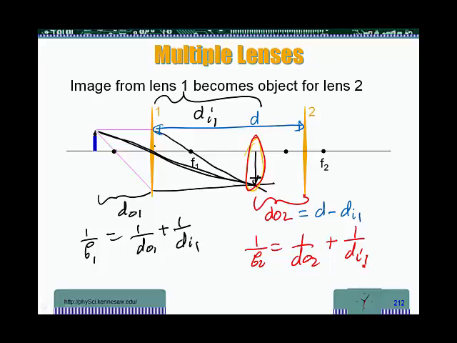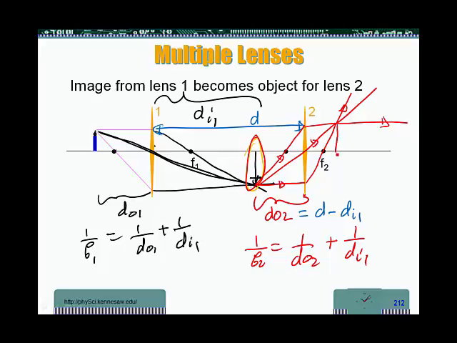Of course, here I can follow through and try to do the same thing graphically like I did there. So a line parallel to the principal axis is going to converge into the focal point on the other side, and one that's passing by the focal point is going to come out parallel to the principal axis on the other side, and one passing through the center is going to continue straight.